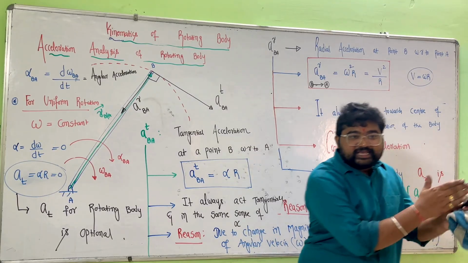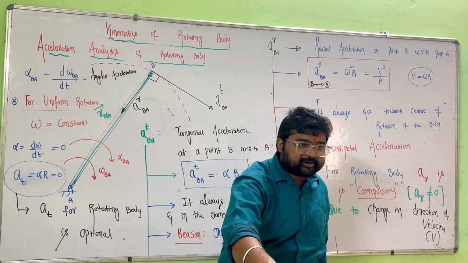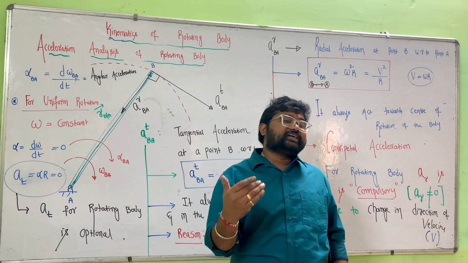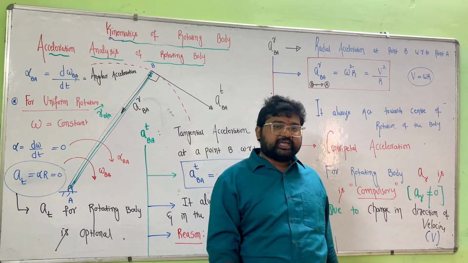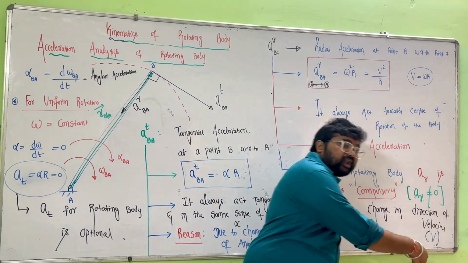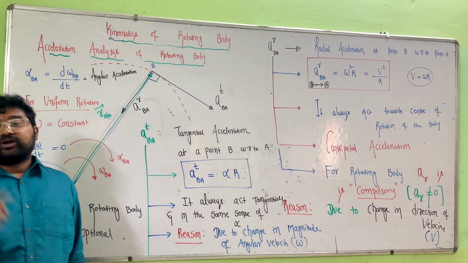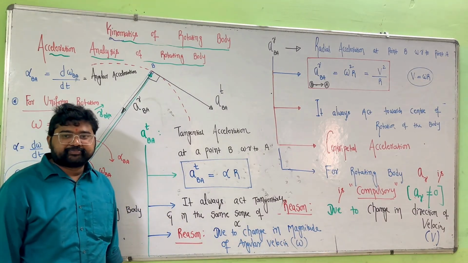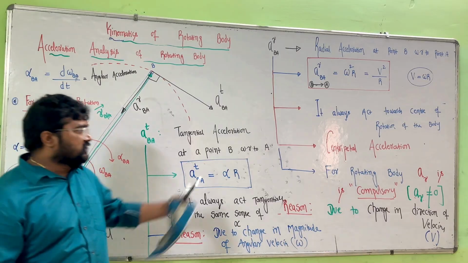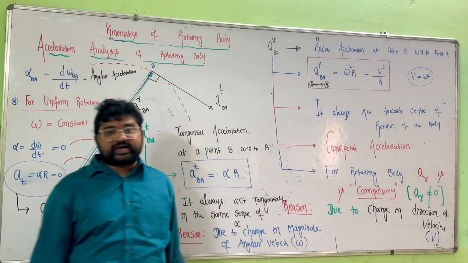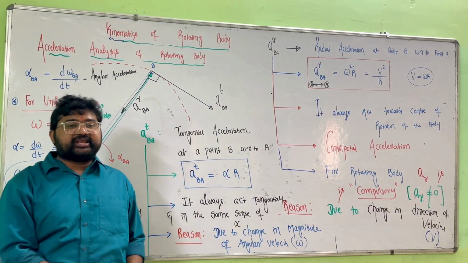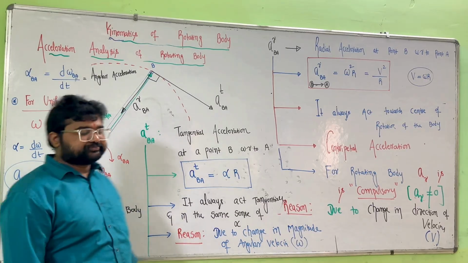Here the direction of velocity is changing, and the magnitude of angular velocity is changing. That is why two accelerations come. Why two accelerations in rotary and circular motion, but only one in pure translation? That is the reason.